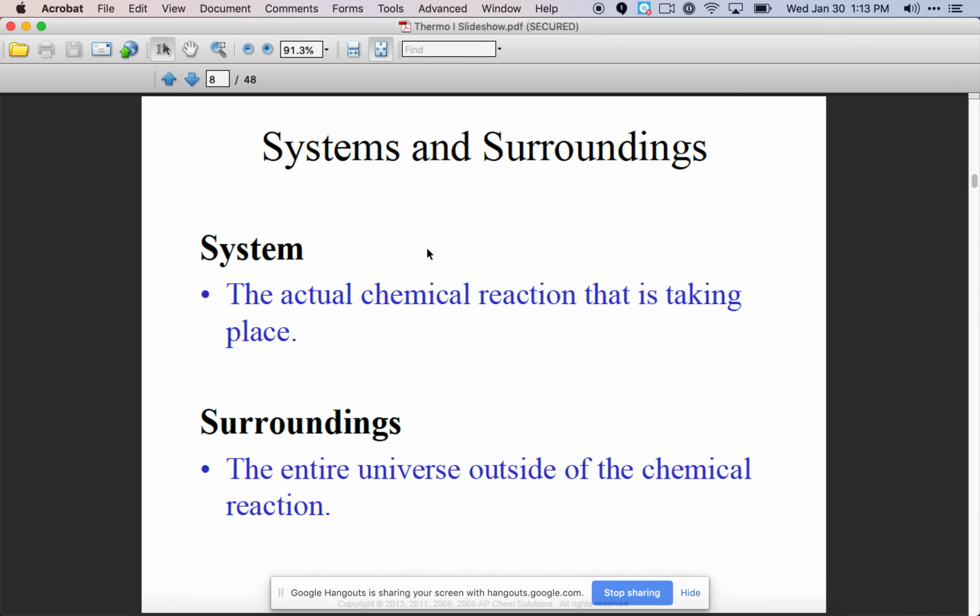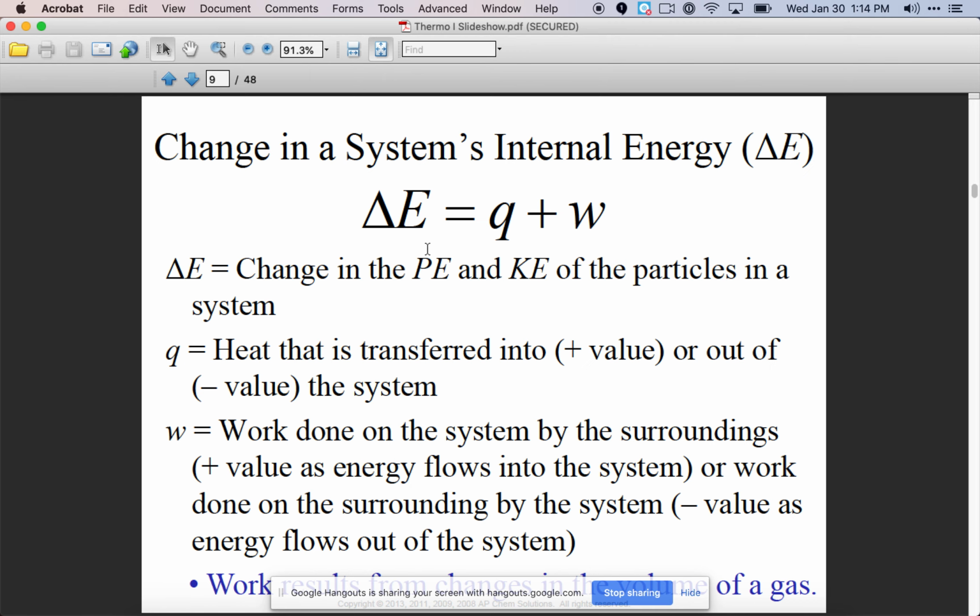Okay. I would know the difference between system and surroundings. Okay, remember, system is what is inside this circle or whatever the boundaries are. Surroundings is anything outside of those boundaries. I would know that delta E is equal to Q, which is heat, plus work, okay? Notice that if it's a negative value, the heat is going outside of the system and into the surroundings, okay?